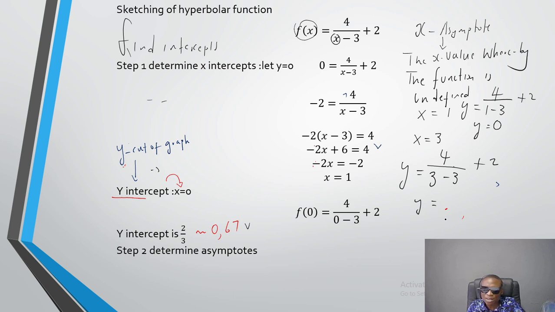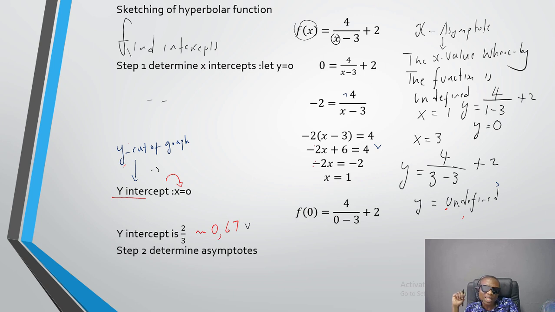What is the value of y? Math error. If you are using Casio, it says math error. In this case, we are not able to find the value of y. So we are saying when x is equal to 3, the function is undefined. We cannot calculate y when x is 3.